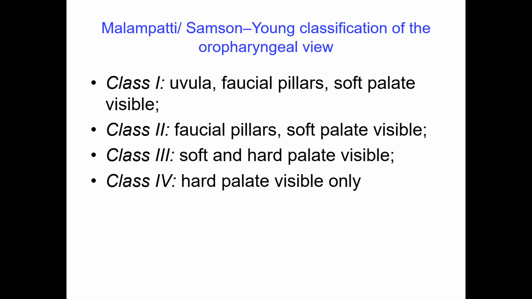We have a special instrument called a difficult intubation instrument that we use in such conditions. Class 4, when you can see only the hard palate, is very difficult or impossible intubation, and maybe we need invasive procedures, for example retrograde intubation, cricothyroidotomy, or other methods to do endotracheal intubation.